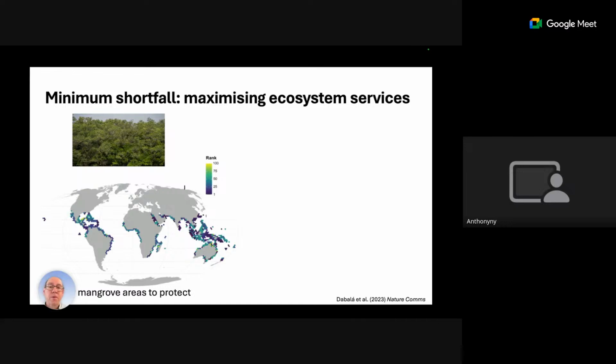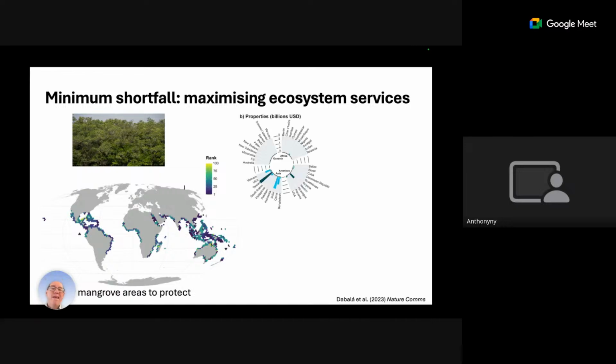So we did a marine spatial plan for all the areas of mangroves globally, and then we ranked them. The areas in blue are the main areas we need to protect to meet biodiversity objectives, to protect 30% of the area of different species, but also to maximize ecosystem services. And then you can see the rank down to the least important areas.